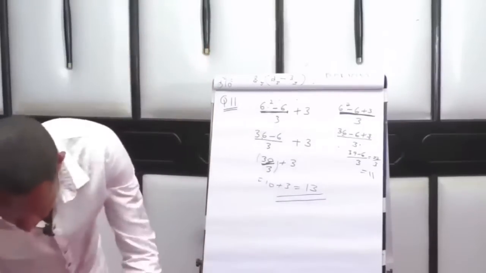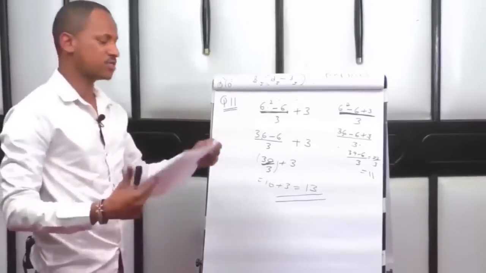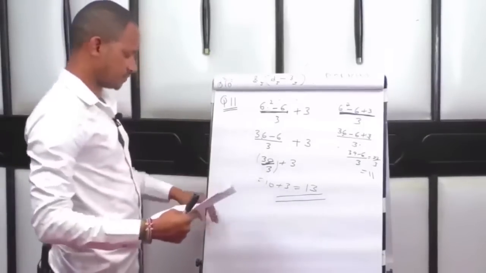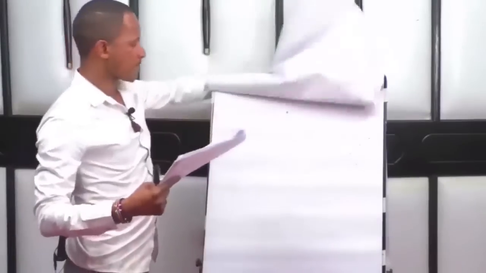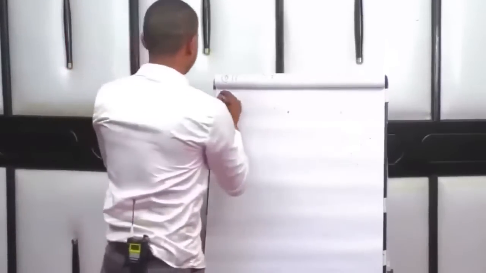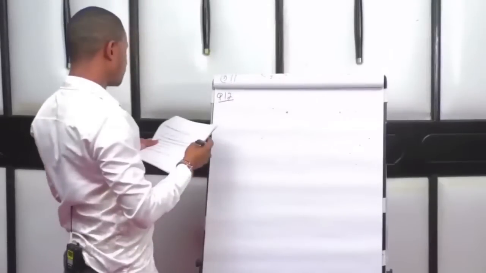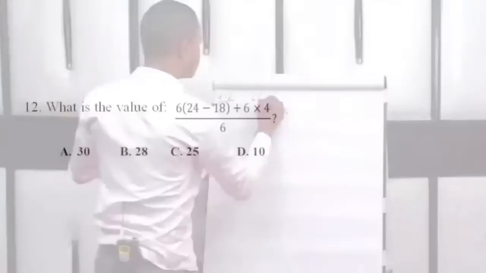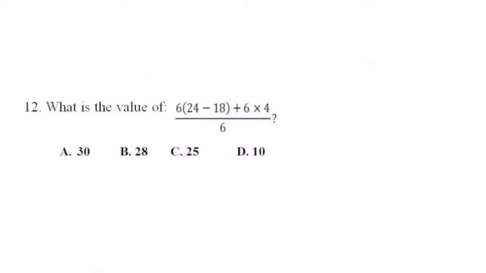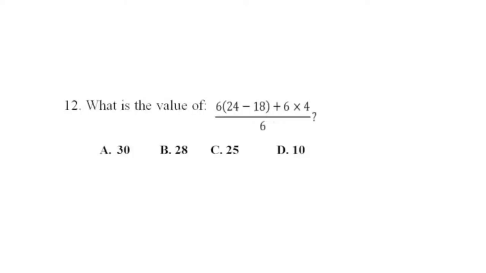Question 12. We're almost finishing, so just be with me, please. Question 12. What is the value of 6 into 24 minus 18 plus 6 times 4 divided by 6?